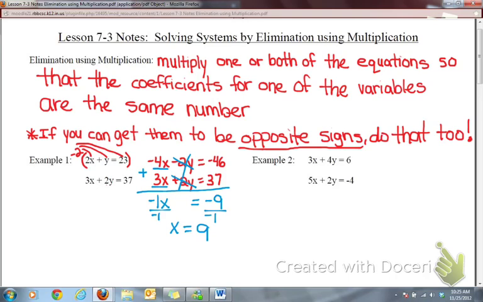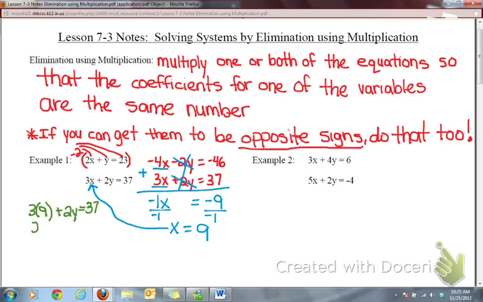Alright, so we're over halfway done with the problem. We still have to figure out what y equals, and just like before, we take whatever we got for x and put it back into any of the first equations. I'm going to use the bottom one right here. If x equals 9, I'm going to put it right in there. We're going to figure out what y equals. So that's 3 times 9, because x is 9, plus 2y equals 37.